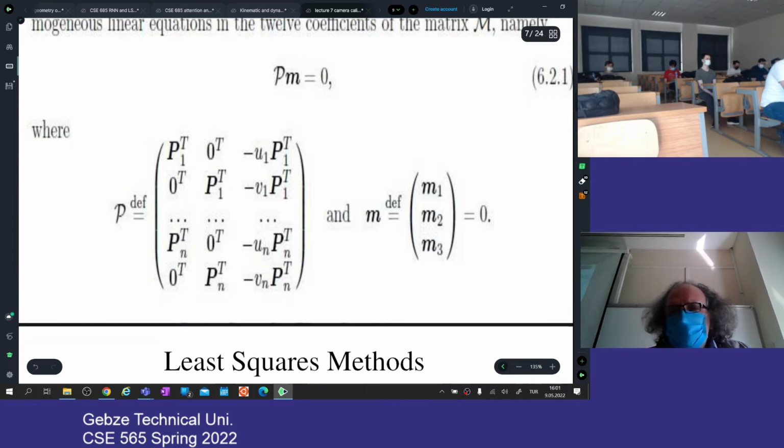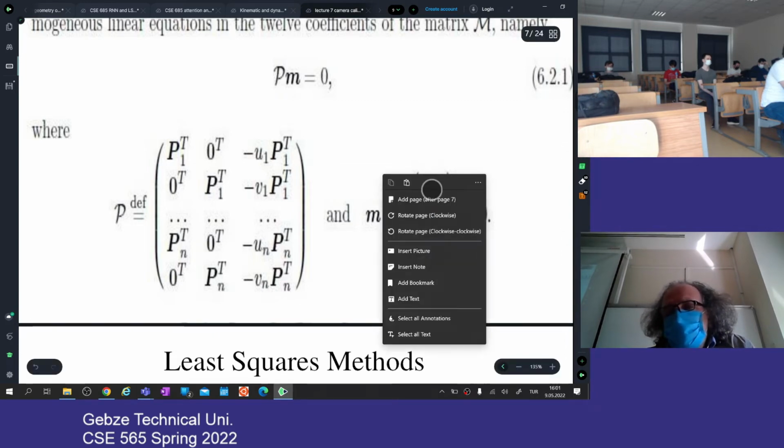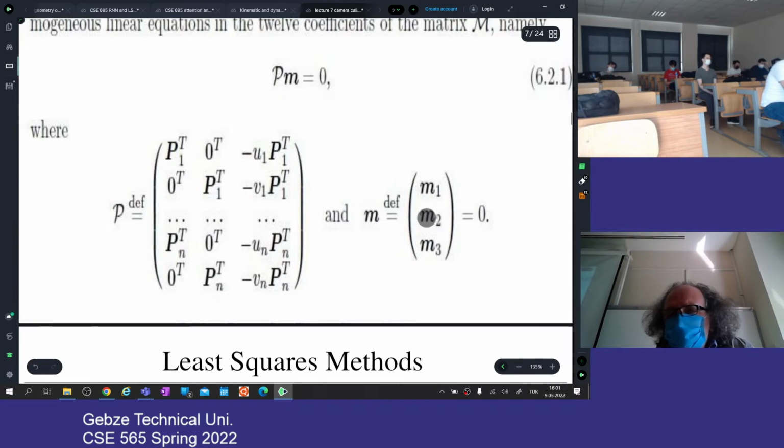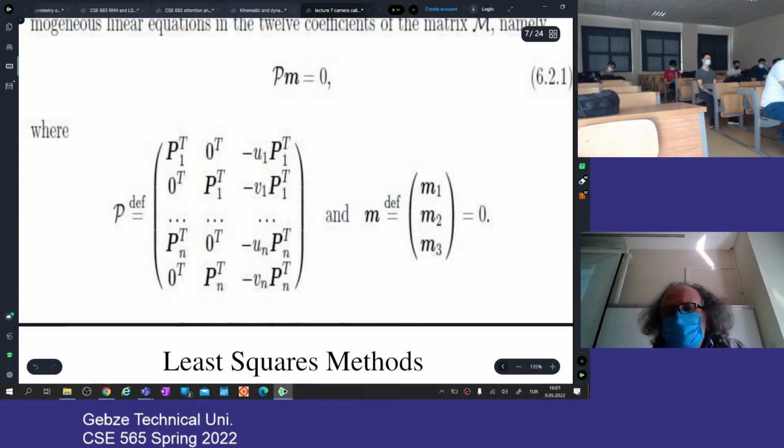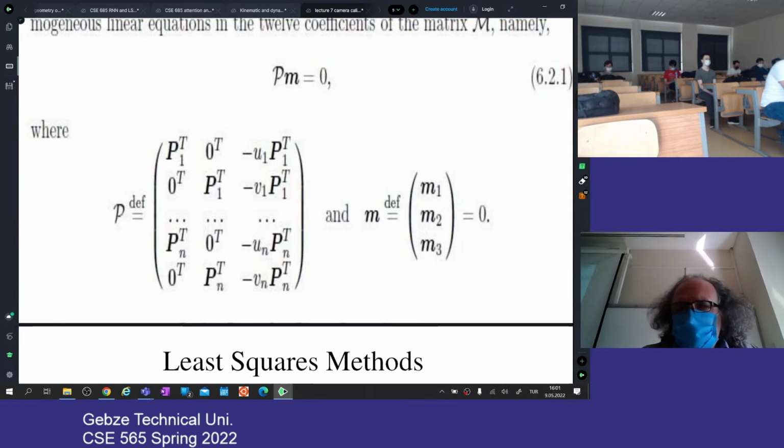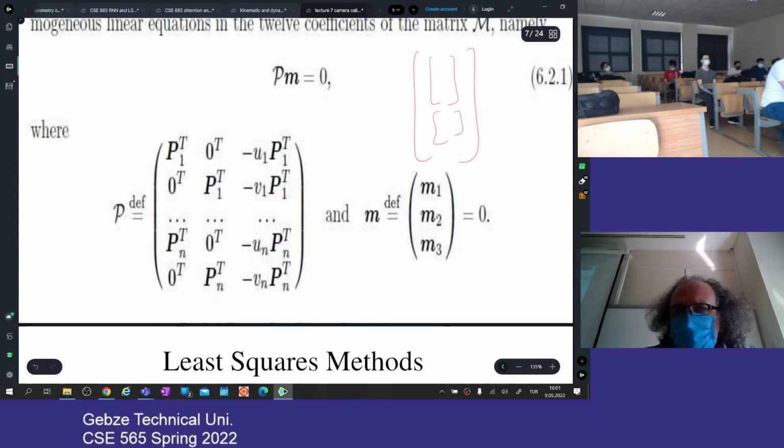This is the first row of the projection matrix, second row, and third row, but I put them as 4 of them here, 4 of them there, and 4 of them here.